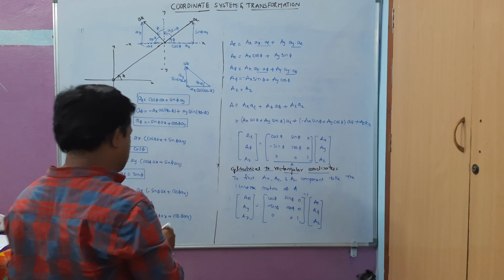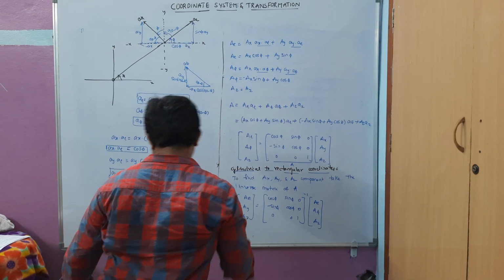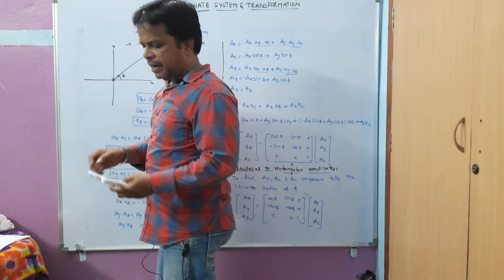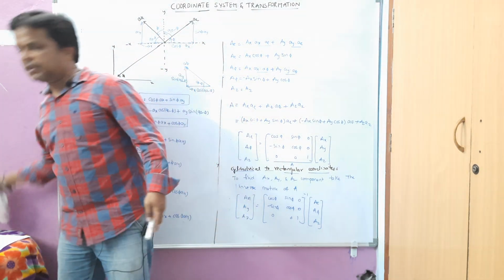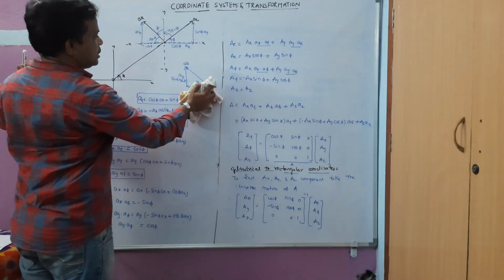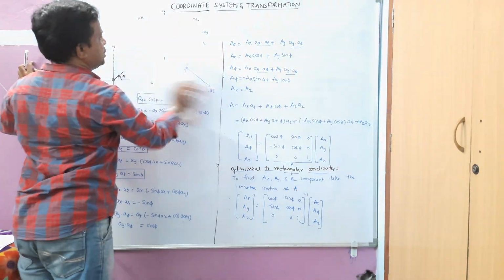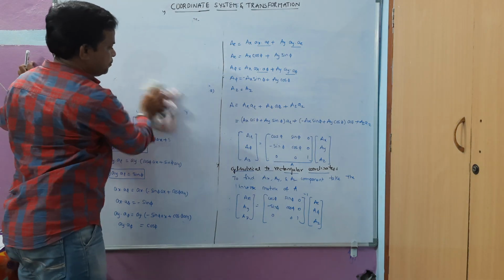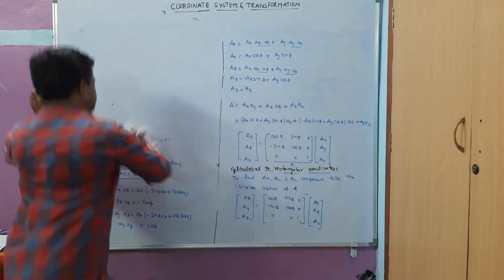So the inverse matrix of this one will be, what is the inverse matrix actually? It is given as adjoint A by det A. Okay, the inverse matrix operation is adjoint of A by det A. So I will erase this one and we'll see what happens if we do the inverse matrix operation.